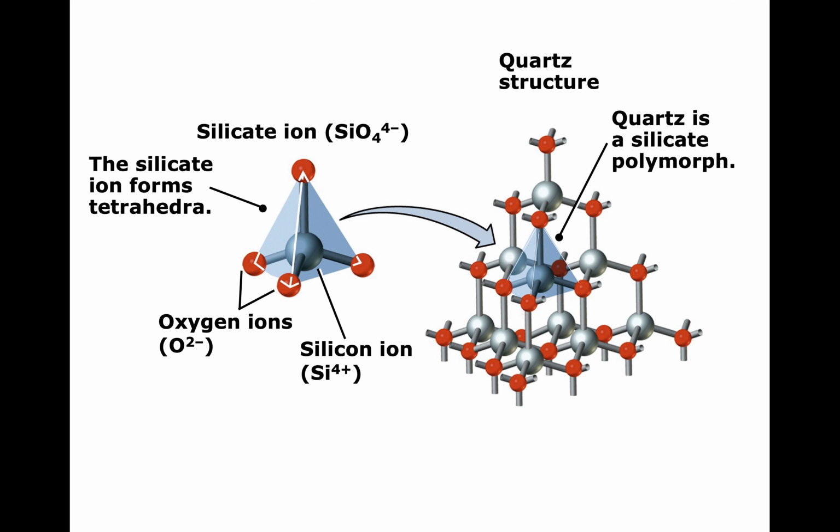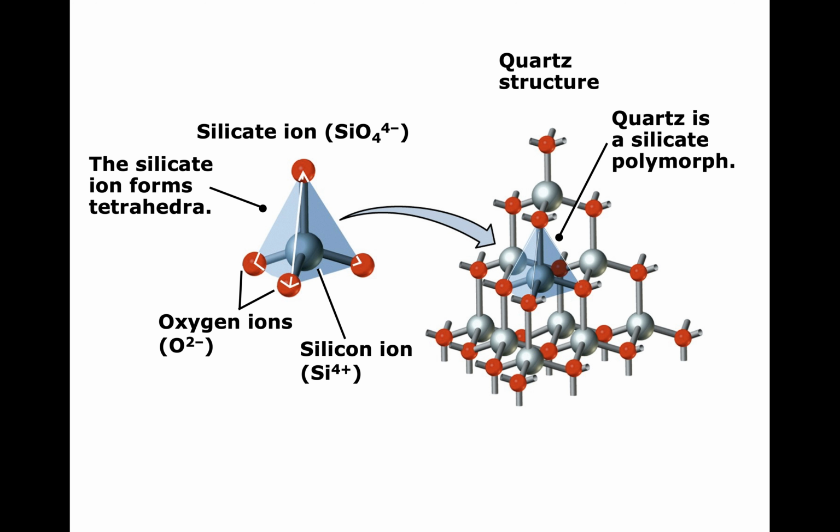Here we have the definition: quartz is a silicate polymorph. So what is a polymorph mineral? A polymorph mineral is a group of minerals which have the same chemical composition but different crystallographic symmetries. If you look at the mineral quartz, we have alpha quartz, that is just the quartz which you can find here on the ground.